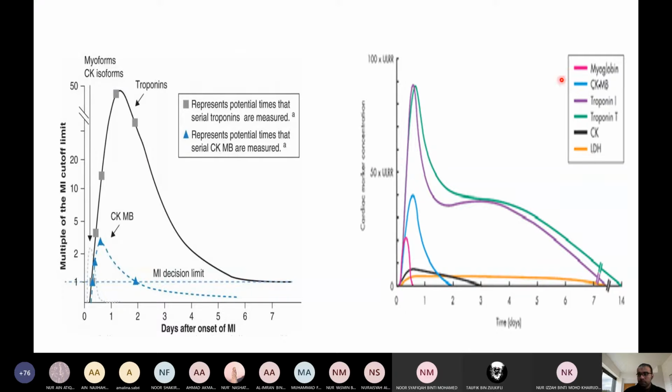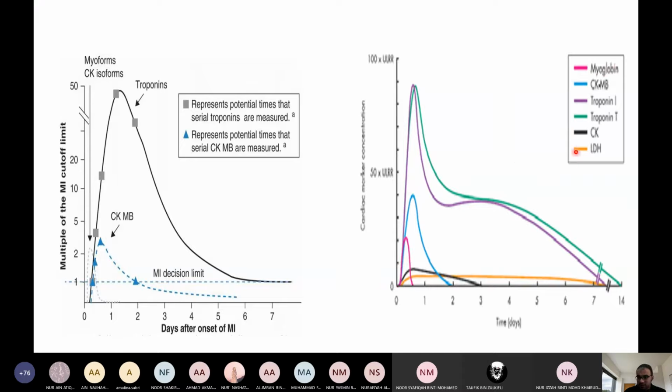Here you can see all together the troponin in the green one, and the troponin T and I may be very near to each other. And we have the CKMB, as I mentioned, which is so early, and maybe extra early, the myoglobin there.